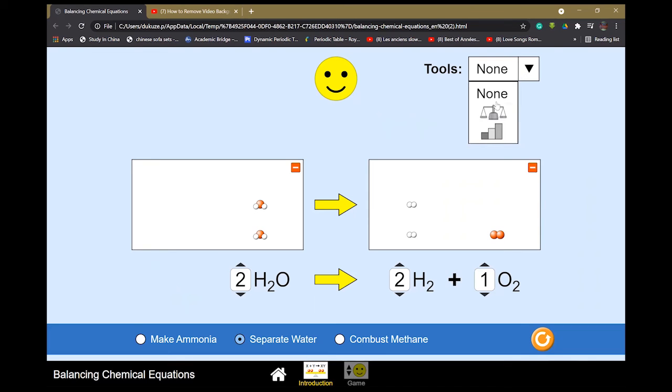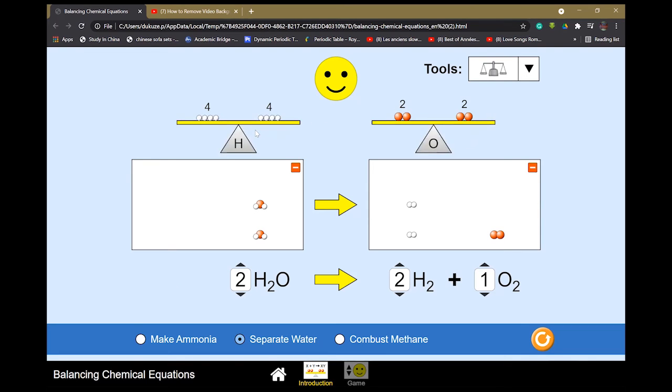Using the tools, we get the same thing as what we got with making ammonia. Here we have hydrogen. On both sides, we have 4 and 4. And here for oxygen, we have 2 and 2, okay?